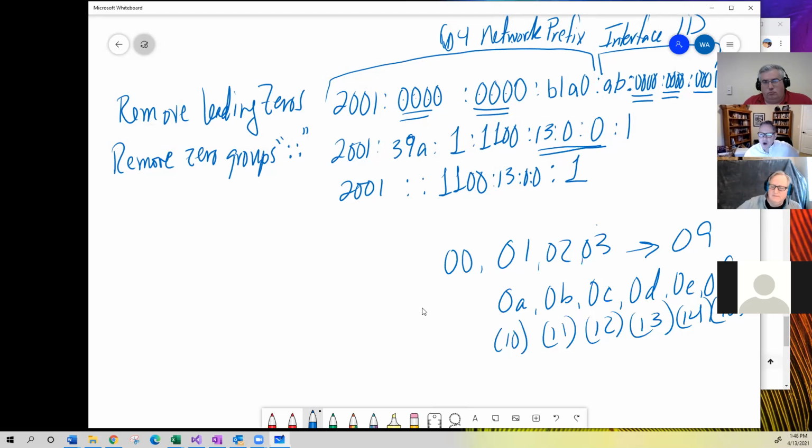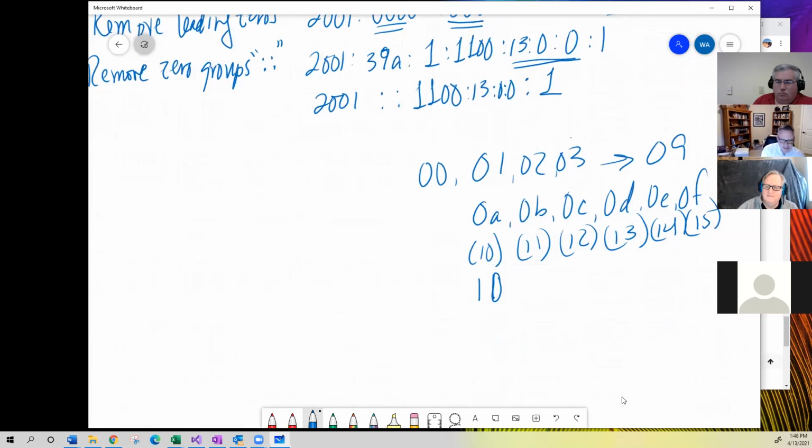And then when you get to 0F, what's 16 then? 16 is 1, 0. There's 16, and then 17, and as you go through that to 19, after that it's going to be 1A, 1B, and so forth.